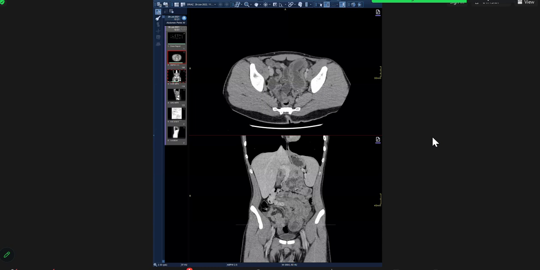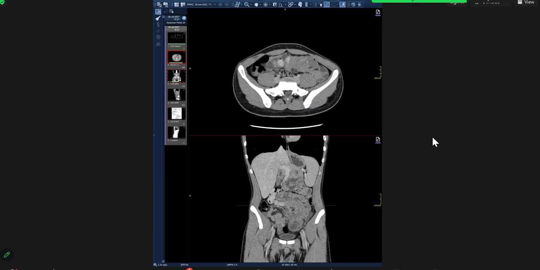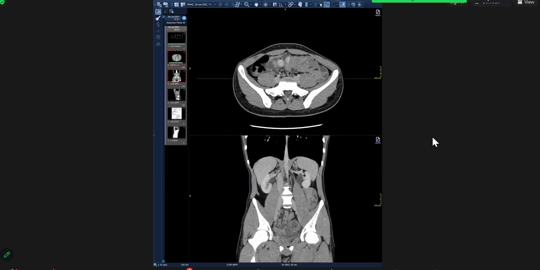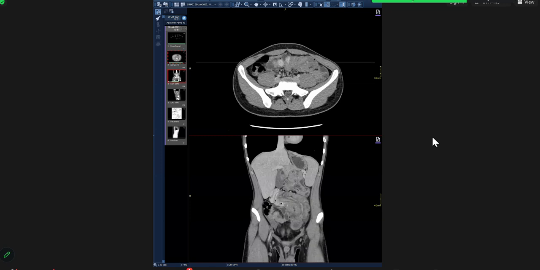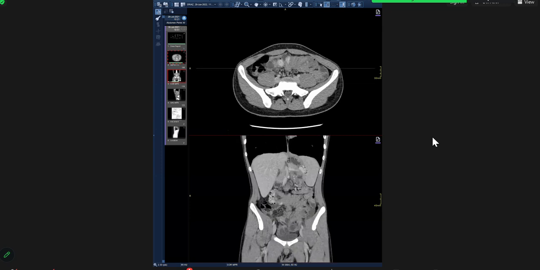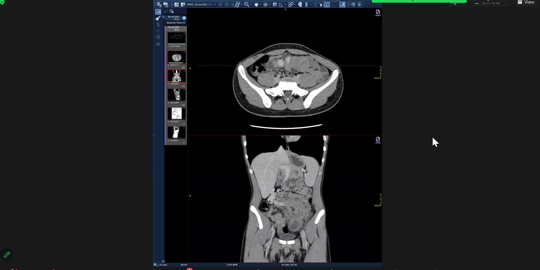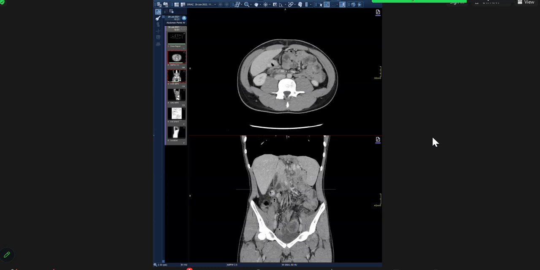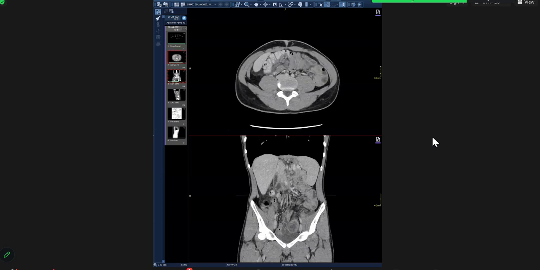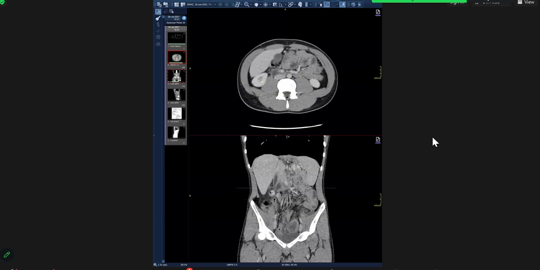What's your management? This needs immediate management for the intussusception, as it could lead to bowel obstruction and necrosis of the bowel loops. I told you the patient has severe abdominal pain. I'll look for any thrombus in the vessel, which I am not able to find.